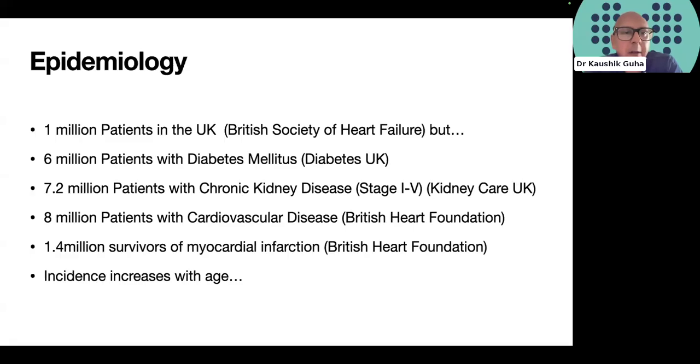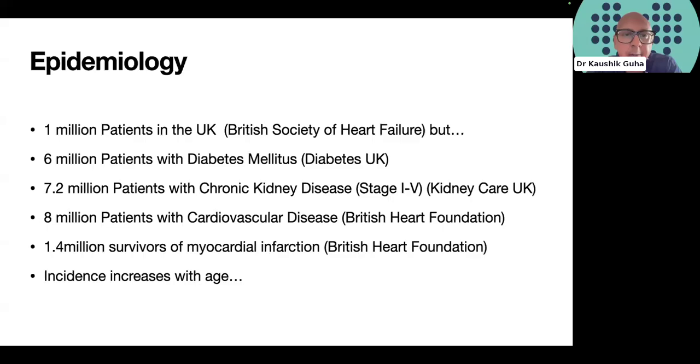So every specialist, when they talk to an audience of colleagues from primary care, will make a statement about the importance of their disease. We cling on to this figure of 1 million patients within the United Kingdom, which is issued by the national body, the British Society of Heart Failure, and modelled on data from 2005. However, we know that heart failure does not occur unilaterally.